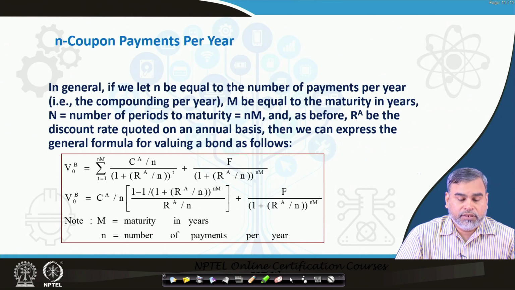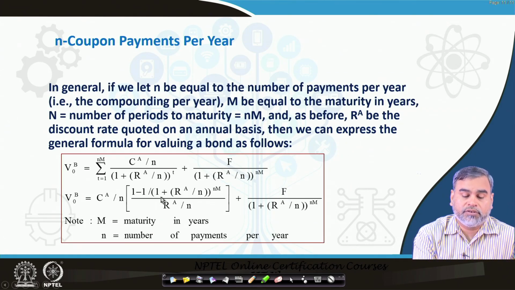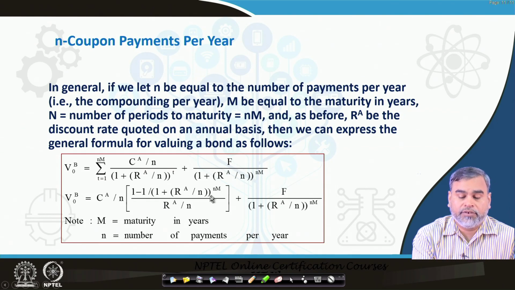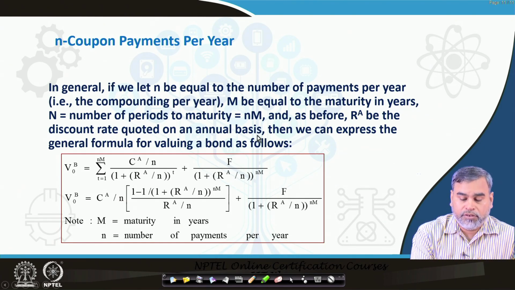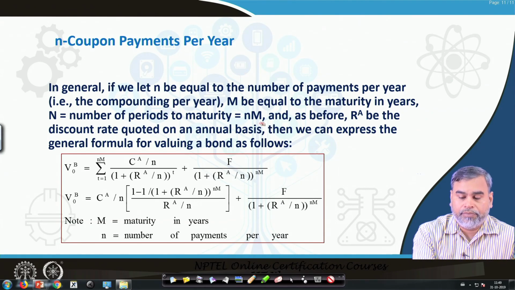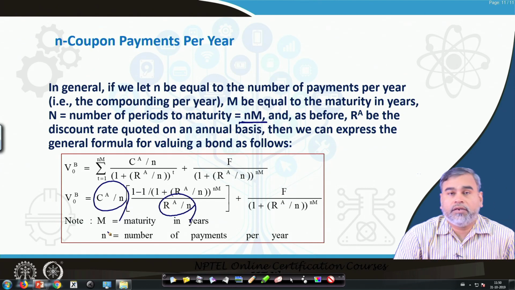So, in that case your formula will become C by n into 1 minus 1 plus RA by n to the power nm, divided by RA by n, plus F by 1 plus RA by n to the power nm. So, the periods become nm, your maturity period becomes nm, your rate of interest becomes RA by n, and your coupon becomes C by n. Because of that we can generalize it.